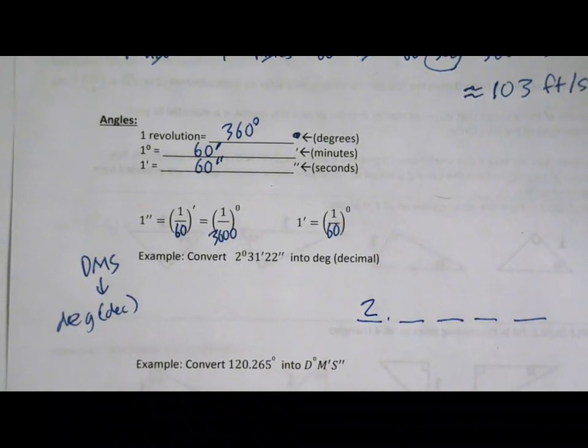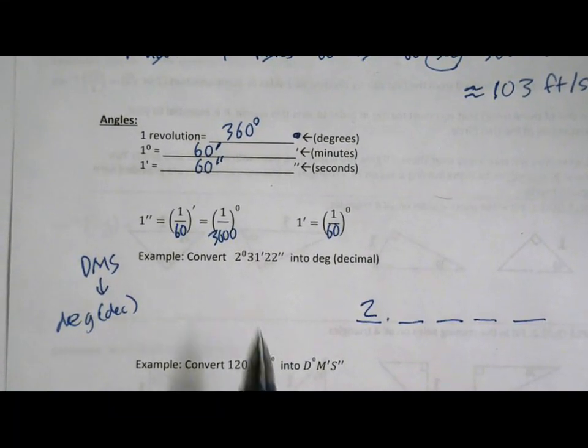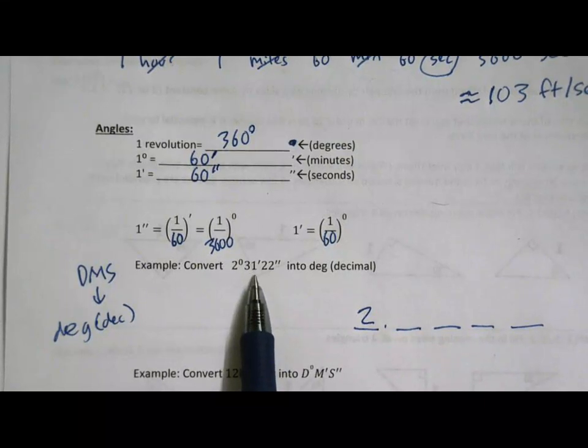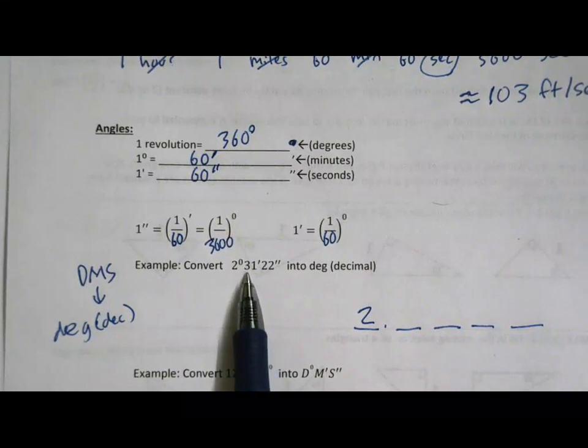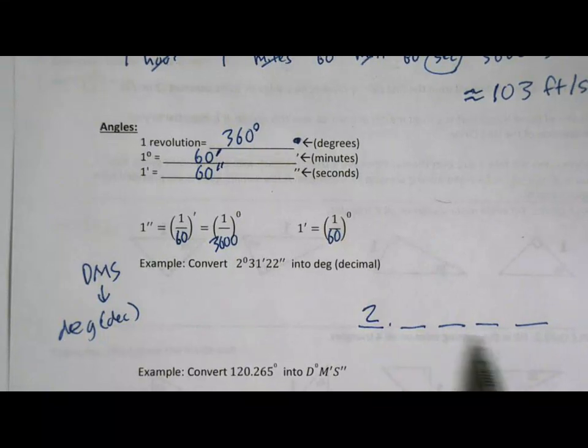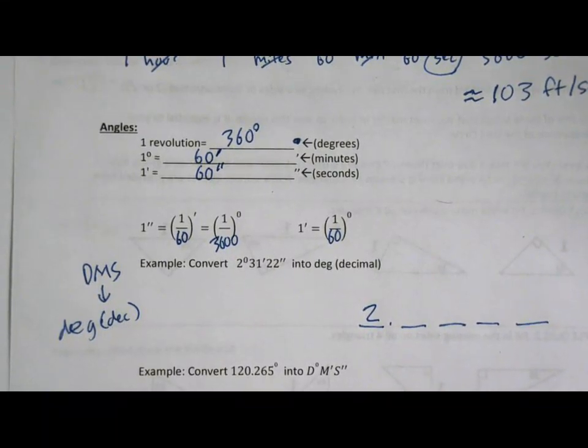That's 2 point something. 31 minutes is about how much of a degree? Is it about a quarter? Is it about half? Is it about 3/4? It's pretty close to half of a degree, right? Half a degree would be how many minutes? 30. So this is awfully close. Whatever this number is, it's going to be pretty close to 2.5. Would you agree?